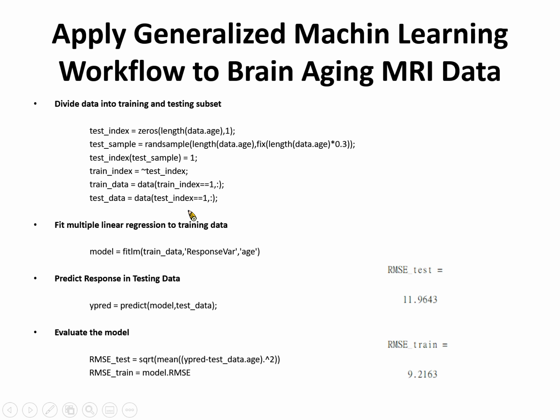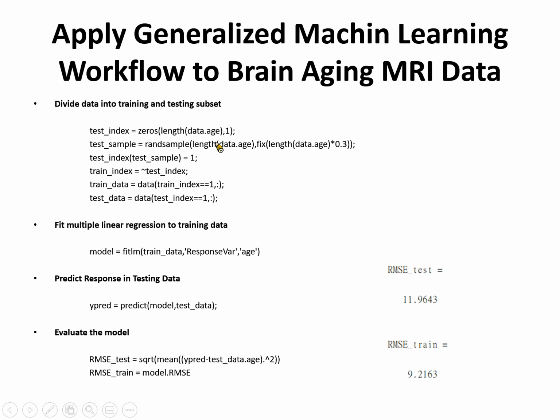So the first thing is really the same. We will divide the data into the training and testing subsets. Because we no longer use the insurance data from the previous example, in this case we need to determine the size of the data. So here we use the age variable as the indicator to measure the size of the data.